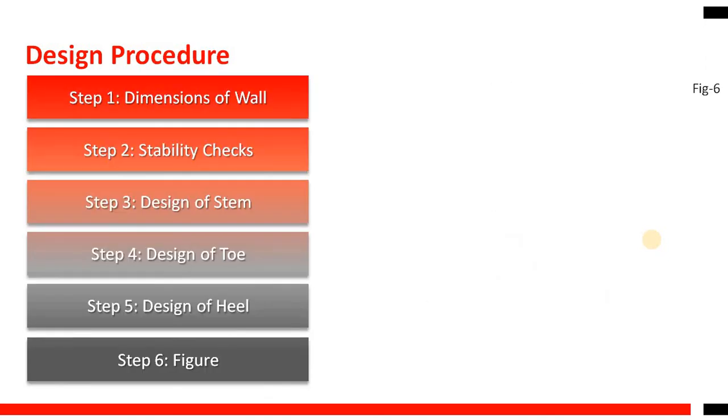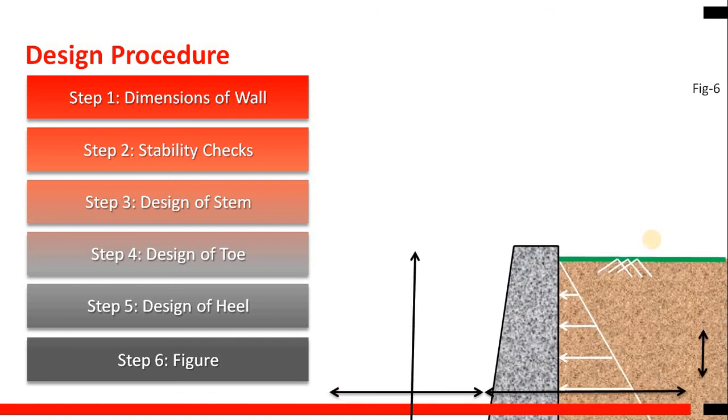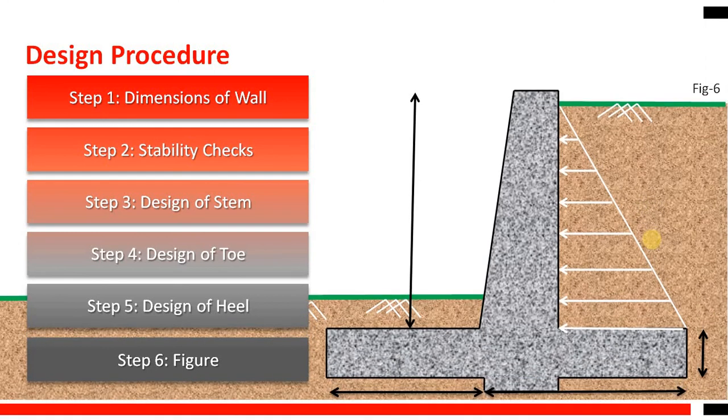Coming to the design procedure, there are generally 6 steps as per my convenience. Step number 1, the initial step for the design of the retaining wall, is the dimension. First we have to fix the dimensions of the wall. We will see the different dimensions of the retaining wall in our further slides.